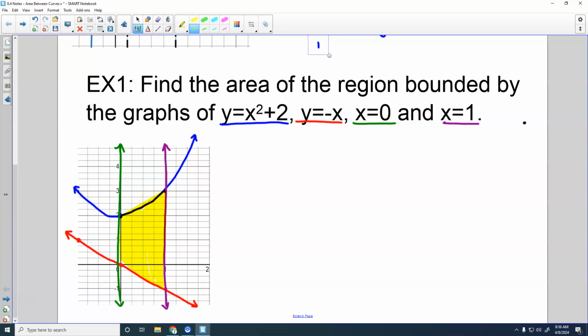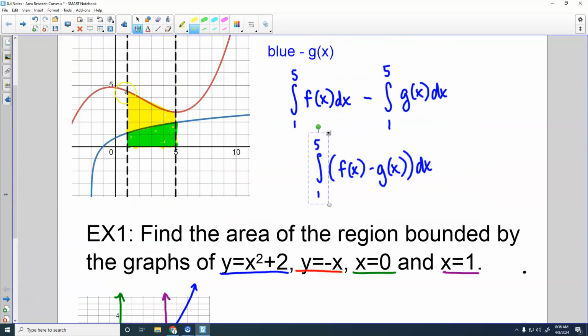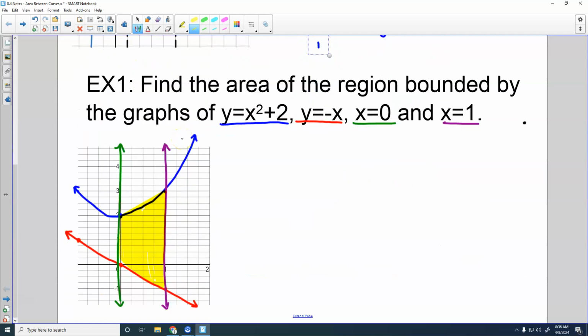Now, this one might seem a little bit different because up here we were doing this area minus this area. If I integrate my blue graph, what would my limits need to be? 0 to 1 of x squared plus 2 dx.